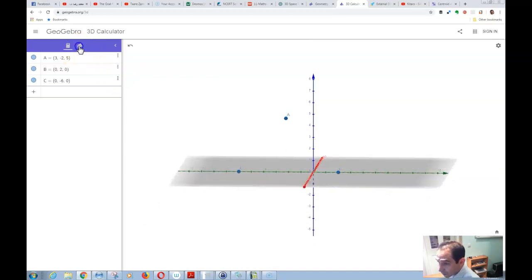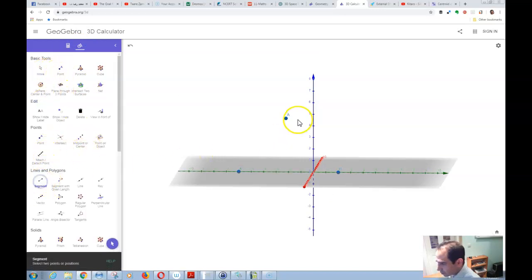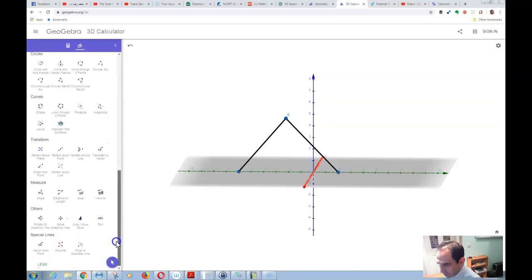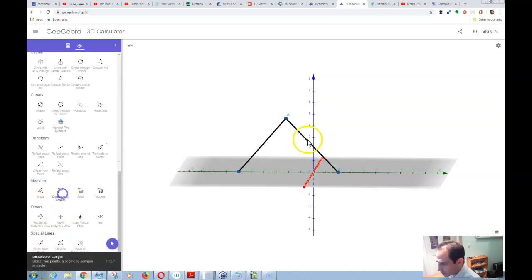Now we can, of course, do a line segment between these points and measure the distance. This distance over here, 7.07. So that is basically that.